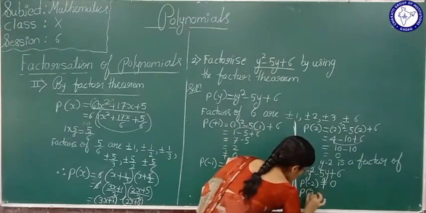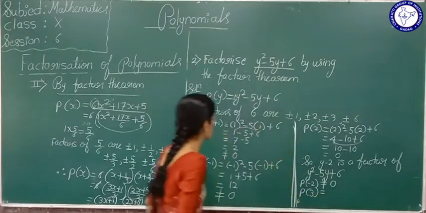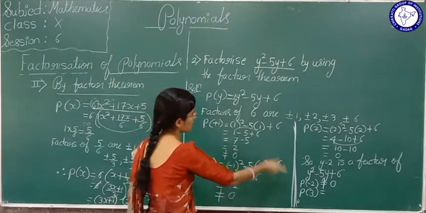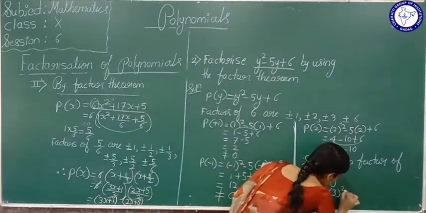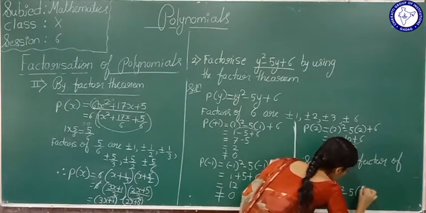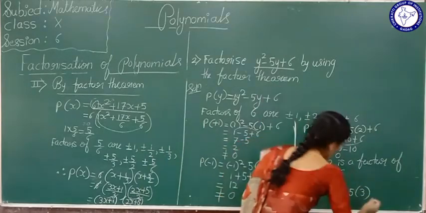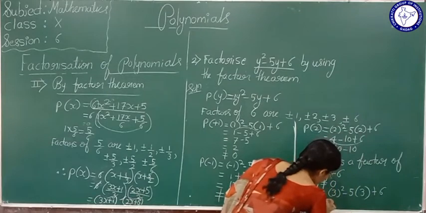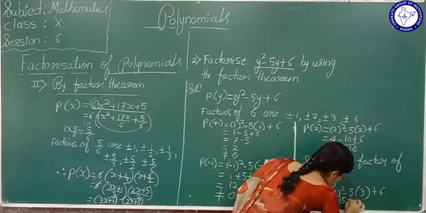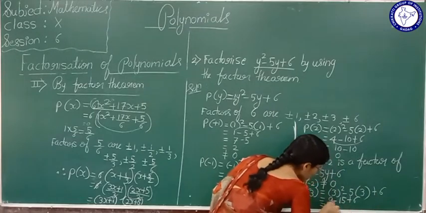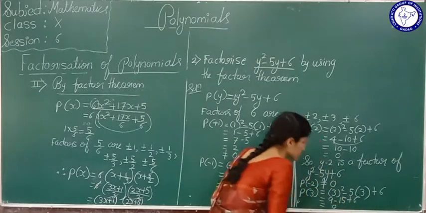P of 3, you put and see. Substitute the value 3 in this. 3 square minus 5 of 3 plus 6. 3 3s are 9, minus 5 3s are 15, plus 6. 9 plus 6 is 15. 15 minus 15 is 0.